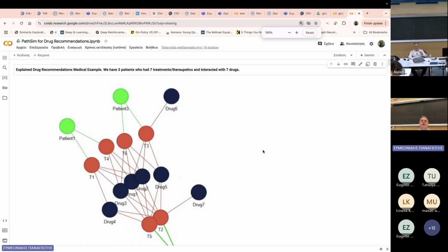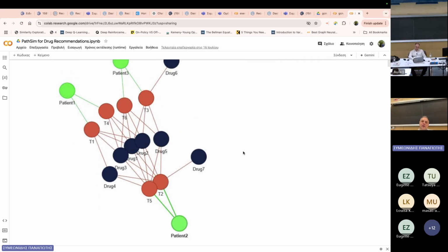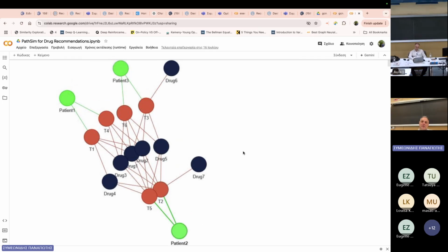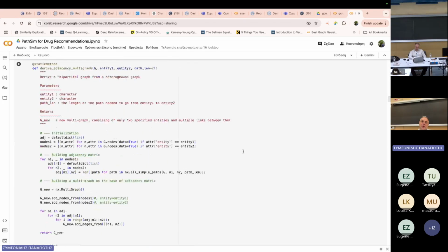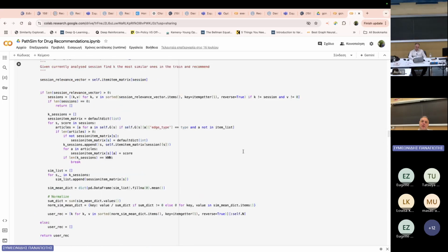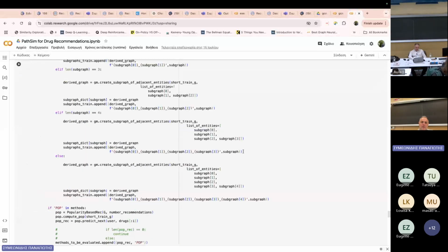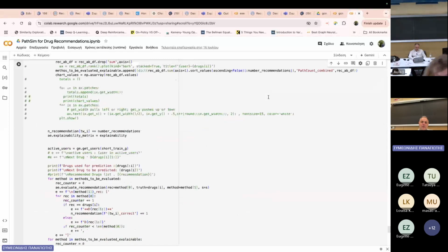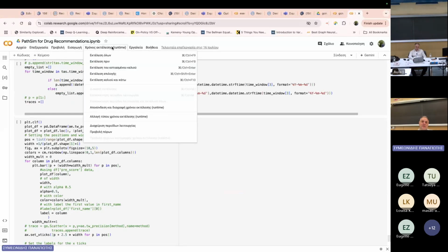So we start with this simple network with patients, drugs, and treatment plans. And in the end, we use these metapaths in order to find the most frequent metapaths and recommend to the patient some kind of drugs based on similarities that we have seen in the graph.